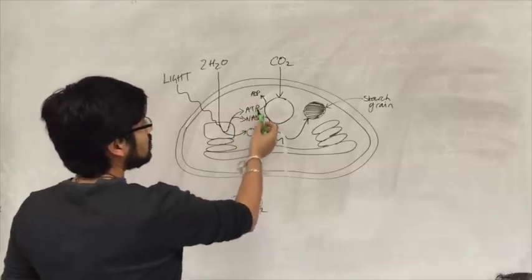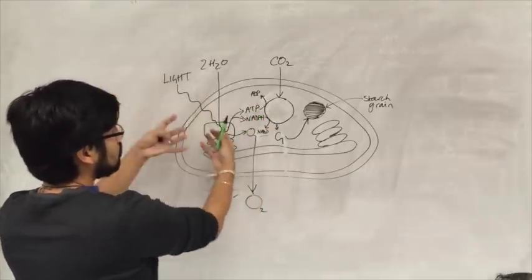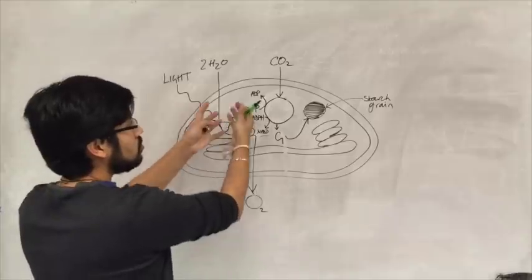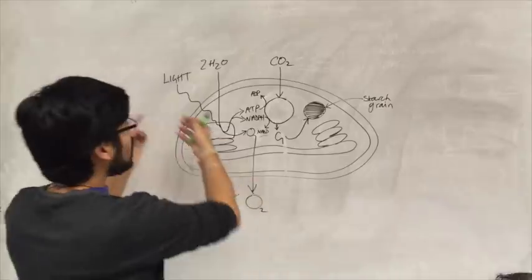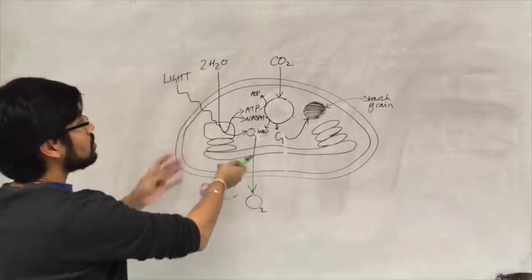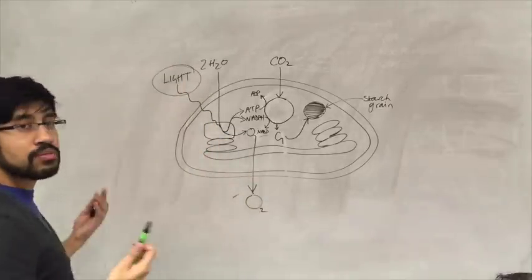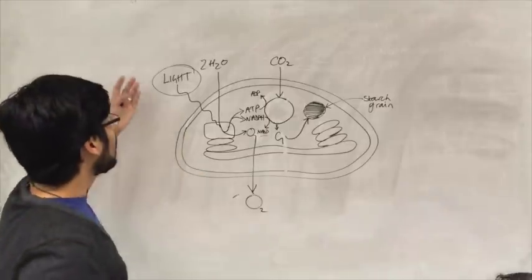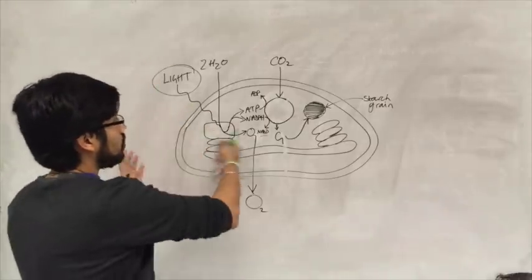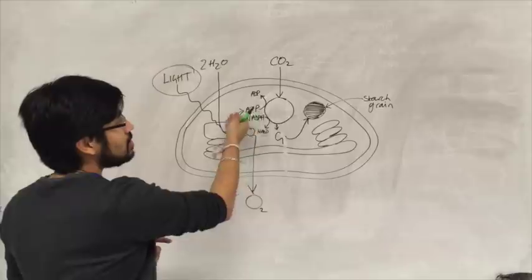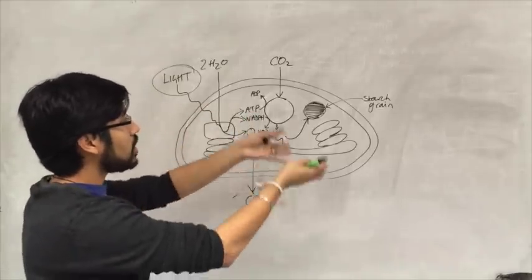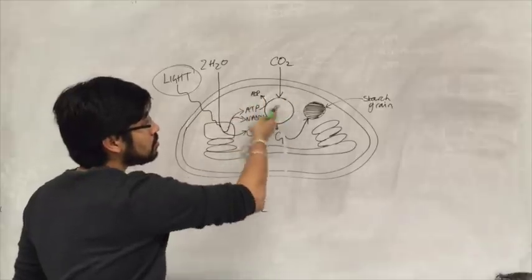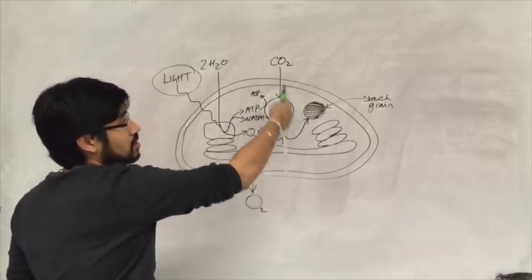But I hope you can see that it's the products from the light-dependent stage which are used to drive the light-independent stage. And ultimately the energy that's driving all this is from light. So light allows the thylakoid to produce ATP and NADPH. The ATP and NADPH then go into the stroma to keep this cycle going.